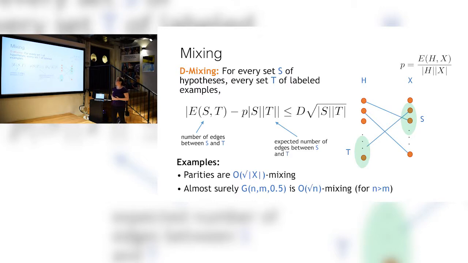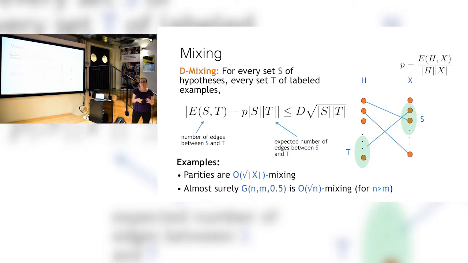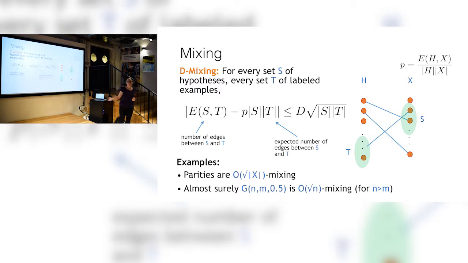The expected number of edges is going to be the maximum number of edges, which is |S| times |T|, times the probability to see an edge, which is exactly P times |S| times |T|. So a graph is going to be close to random if this difference is small. And this is a way to formalize it. We have some parameter D that controls how random this graph is. So if D is small, it's going to be close to random, and if D is large, it's going to be far from random.